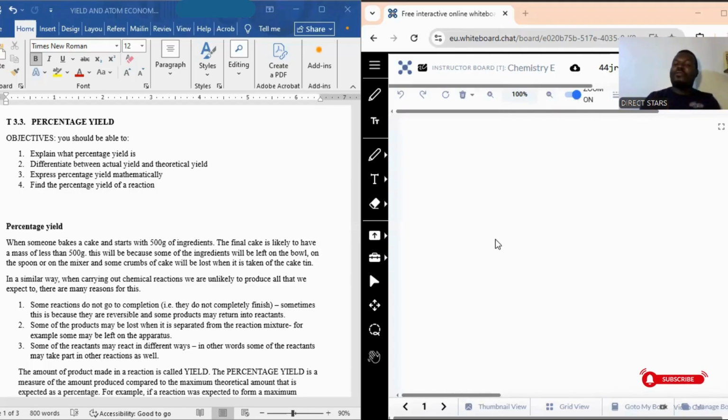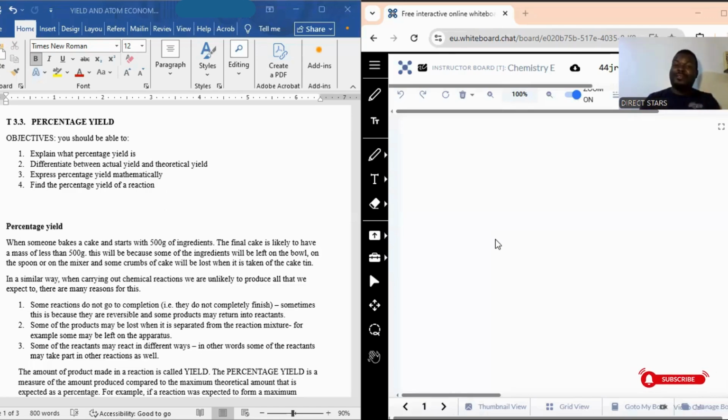What you have based on your calculation on paper is known as the theoretical yield. Then what you finally got after production or experiment is the actual yield. The actual yield is always less than the theoretical yield.